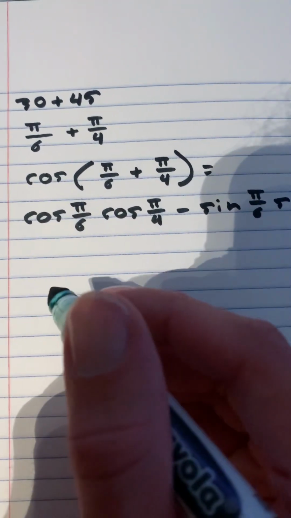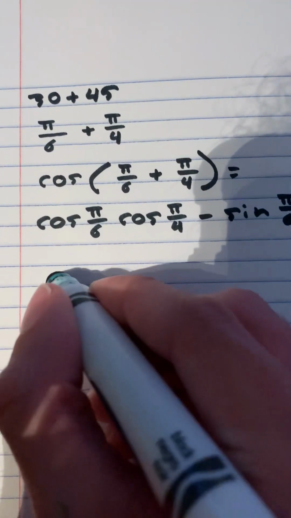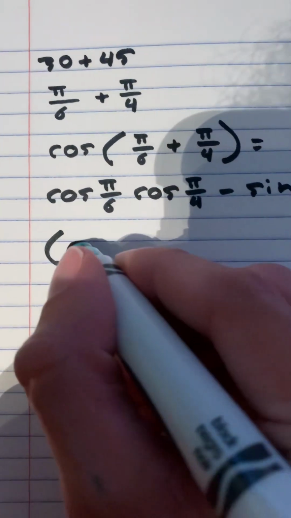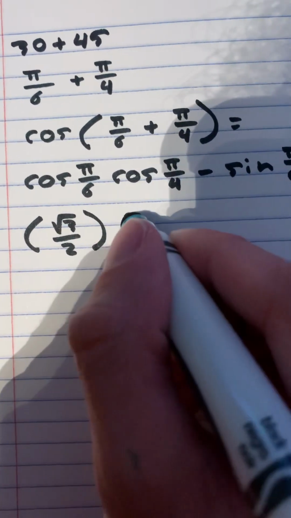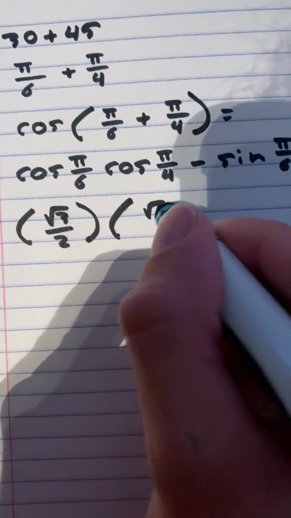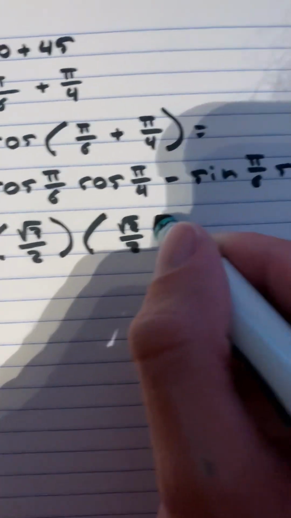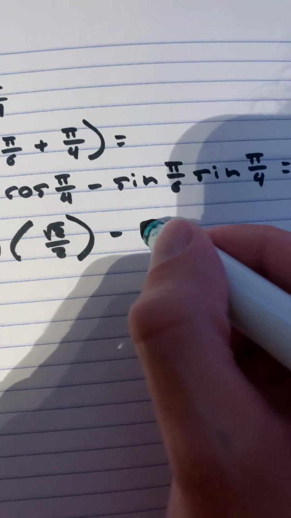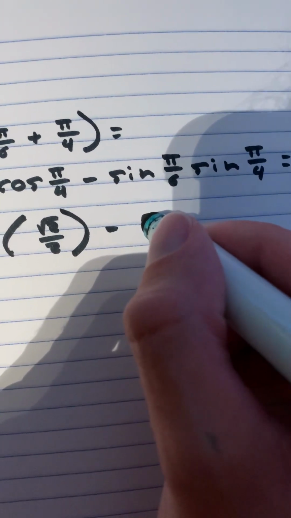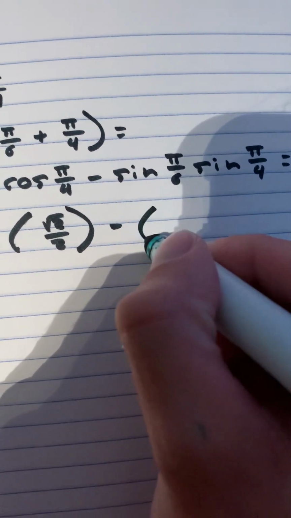So cosine of pi over 6 is going to be the square root of 3 over 2 times the cosine of pi over 4, which I know is the square root of 2 over 2, minus the sine of pi over 6, which is 1/2, times the sine of pi over 4, which is the square root of 2 over 2.